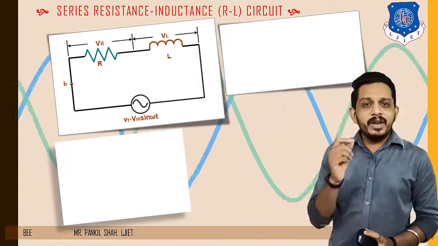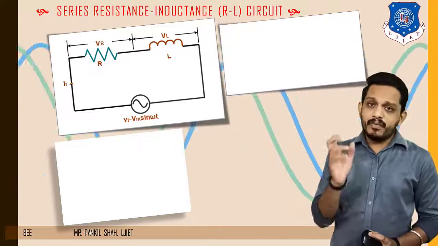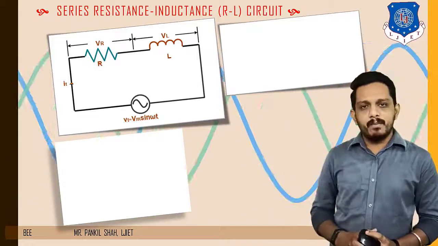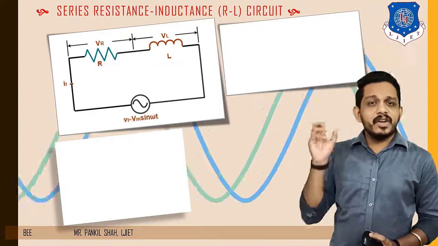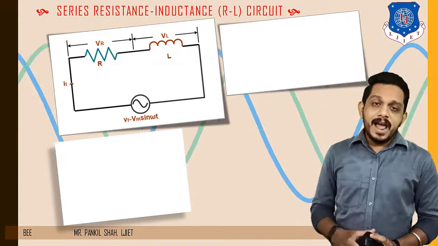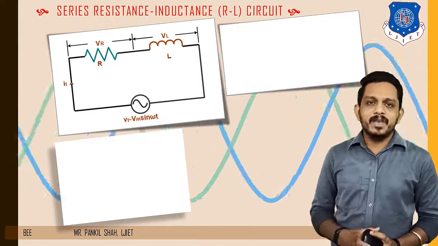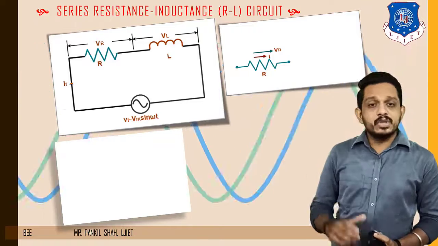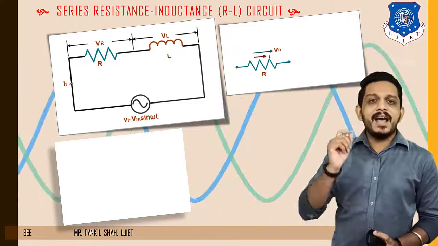For that we need to draw the phasor diagram, or the vector diagram. First we will draw the phasor diagram for each individual component. The voltage across the resistor is VR, and the current flowing through that resistor is the same current I. In case of a resistor, the voltage and current are in phase.